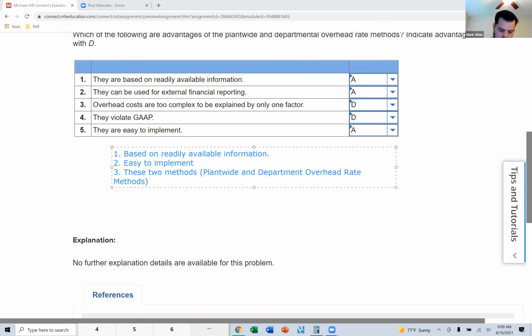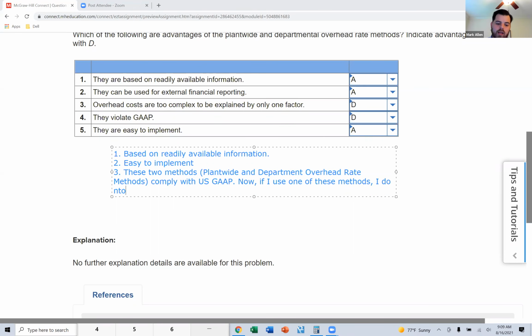These 2 methods comply with US GAAP. Now you say, why does that matter, right? In managerial accounting, I'm not that concerned with US GAAP. That's what we've said all semester, and that's true. That's not changing here. But what this means is, if I use one of these methods, I do not have to do any corrections to publish my financial statements.